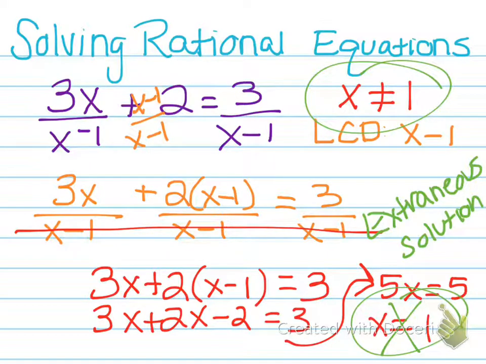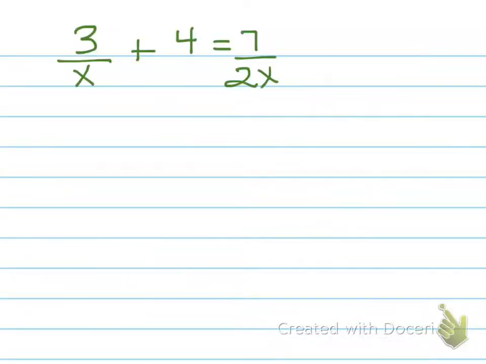Alright, I'm going to show you one more way on how to solve rational equations. And it's a different way, so you can decide which method, I should say, you like best. Alright, so you still need to identify the domain restriction, and in this case, x can't be 0.